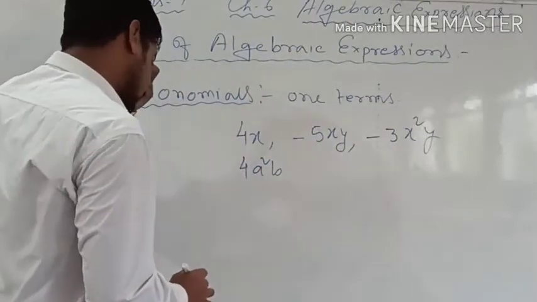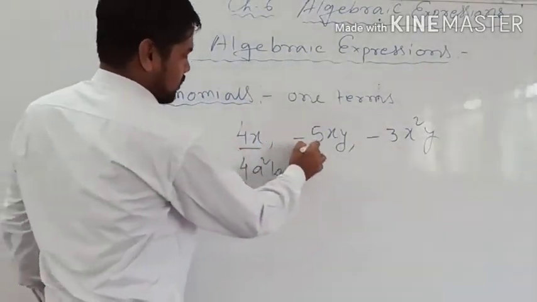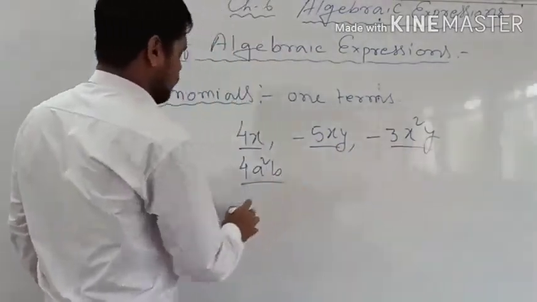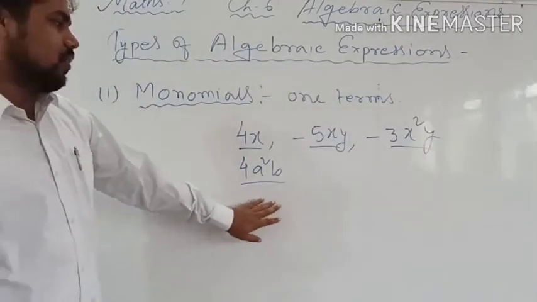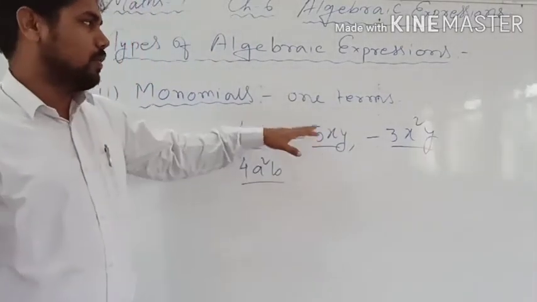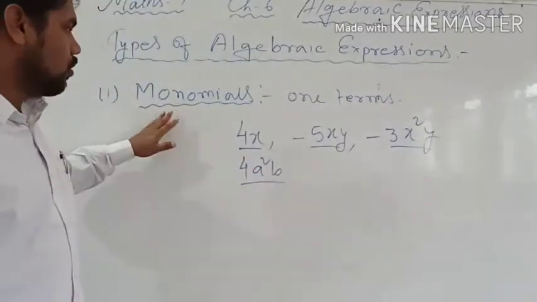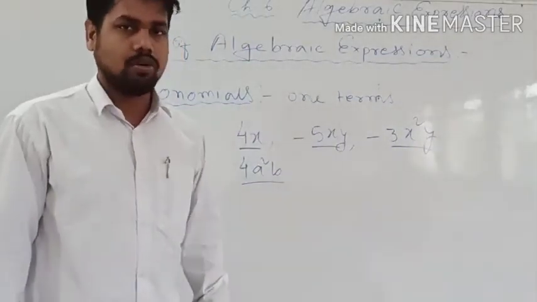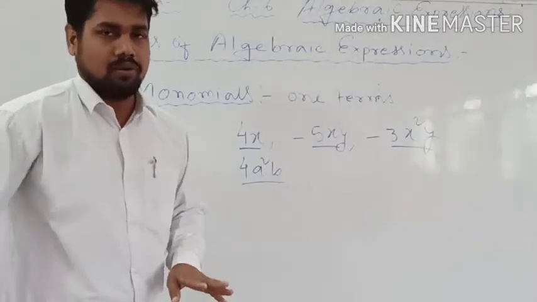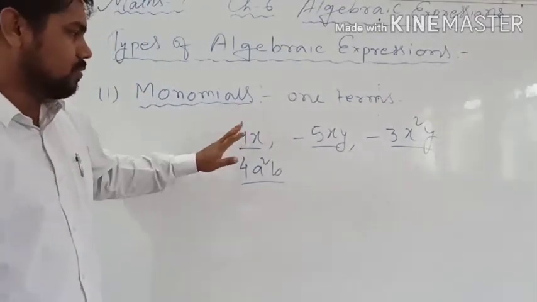If there is only one term here, you can see only one term. So this type of expressions are called monomials algebraic expression. Monomials means one term, okay. So only one term will be here.